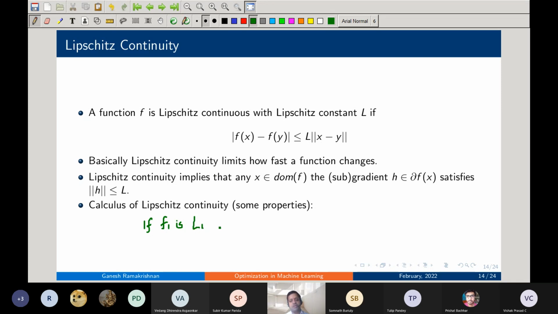So f1 is L1 Lipschitz and f2 is L2 Lipschitz. So then what can I say about f1 plus f2?